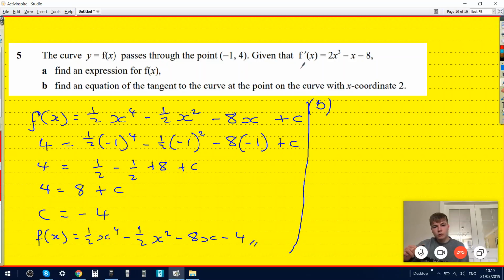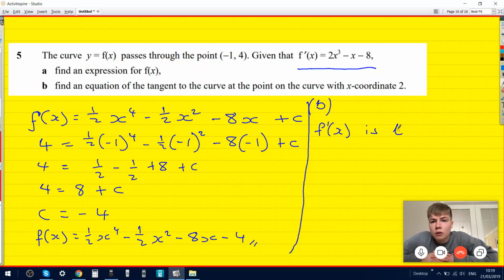F dash of x. And so if you think about it, they already gave us the derivative and we integrated it. Yeah. So if we do the derivative of f of x, it'll just be this again. And so how do we use that to get the gradient? Well, I'll put 2 into that bit, the f dash x.